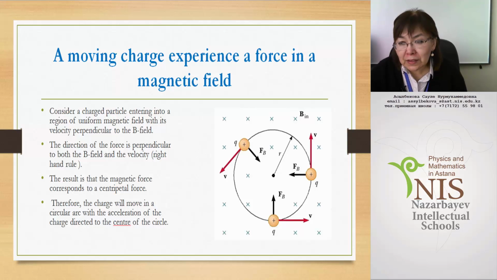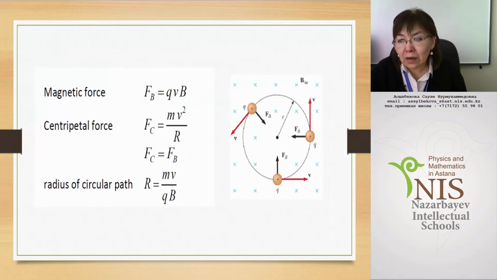Then the magnetic force, now at a right angle to the velocity, corresponds to the centripetal force, which is the reason why the particles change trajectory and start to rotate in the magnetic field. Here are some formulas which let us, for example, find the radius of the circular path.